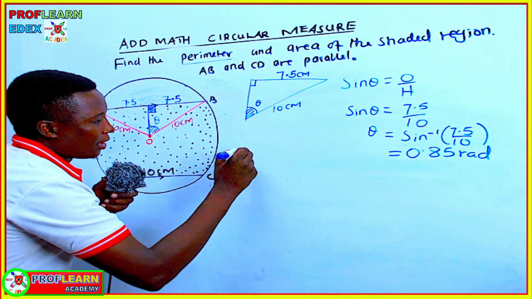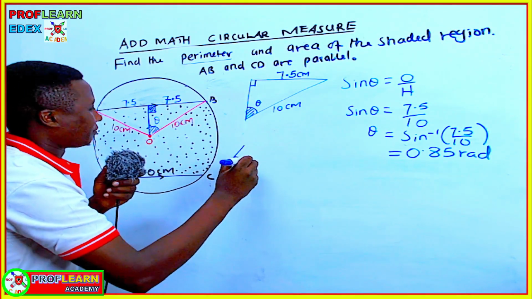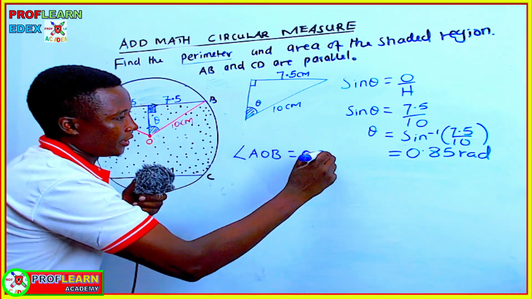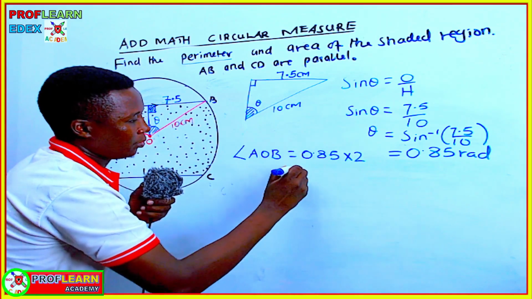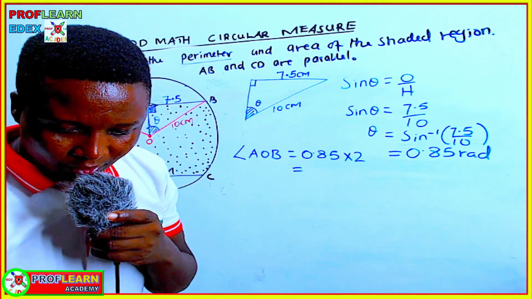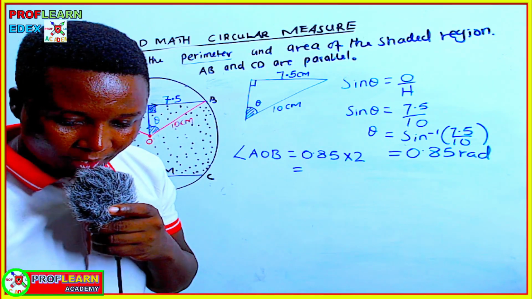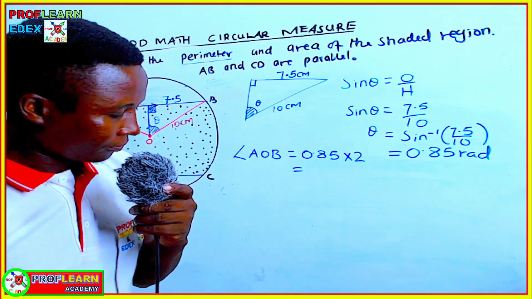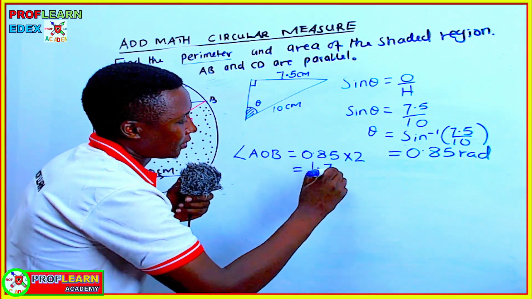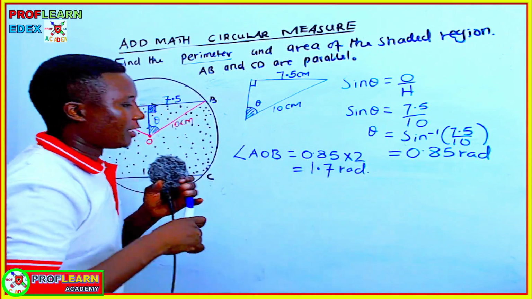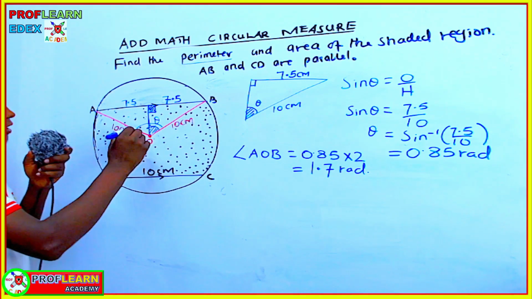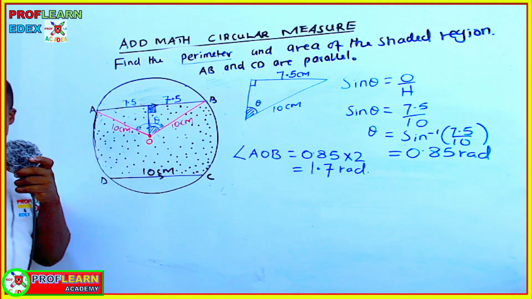Then to find angle A or B, this is going to be 0.85 times 2. If I multiply that by 2, I'm going to get 1.7 radians. That is the entire angle at this given point.